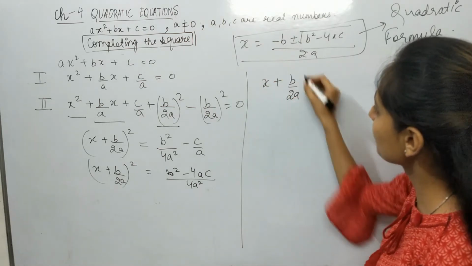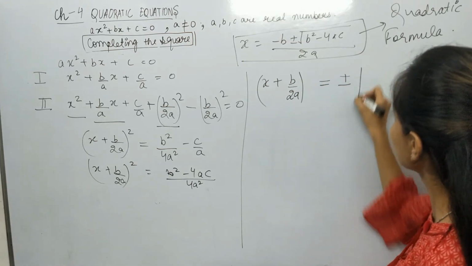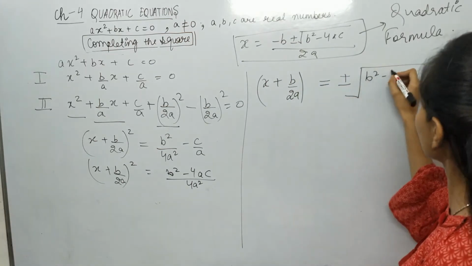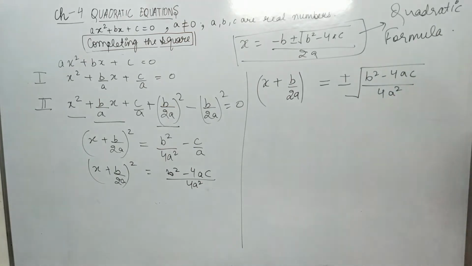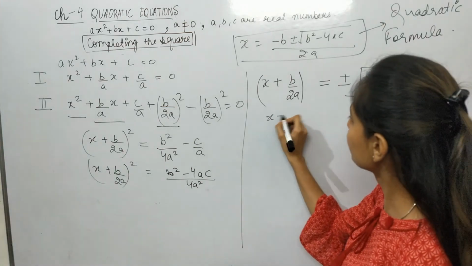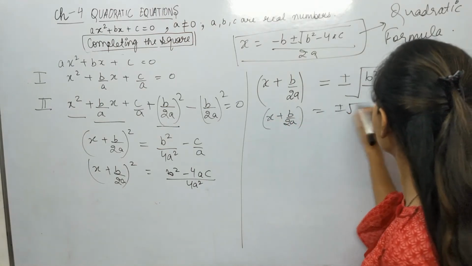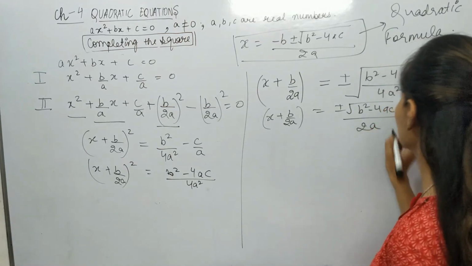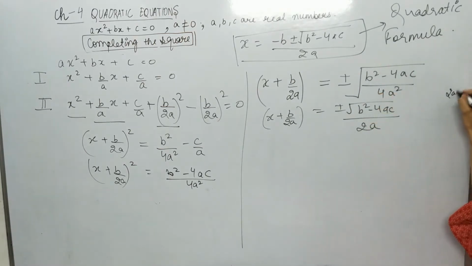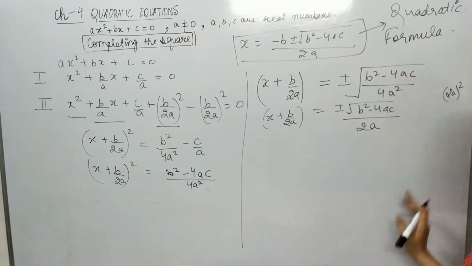On taking the square root on both sides, the square cancels out, and here it becomes plus minus under root b square minus 4ac upon 4a square. We get this. So x plus b by 2a equals plus minus under root b square minus 4ac upon 2a, because this is 2a whole square, and the square cancels out with the root. We get 2a here.